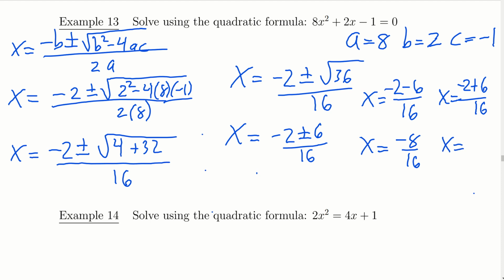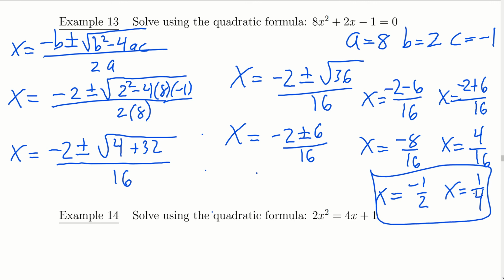Negative 2 plus 6 is going to be positive 4 over 16. And then we can reduce each of these fractions. Negative 8 divided by 16, divided by 8 top and bottom, reduces to negative 1/2. And this one should reduce to positive 1/4. So we get two solutions to this quadratic equation. They are x equals negative 1/2 and x equals 1/4.